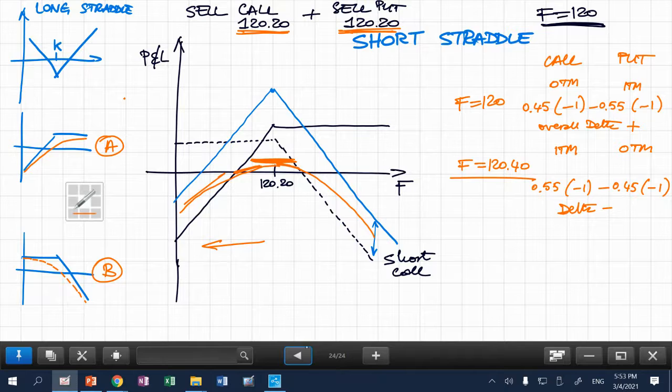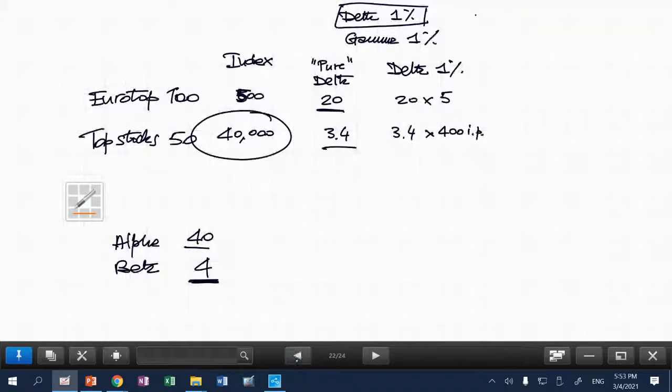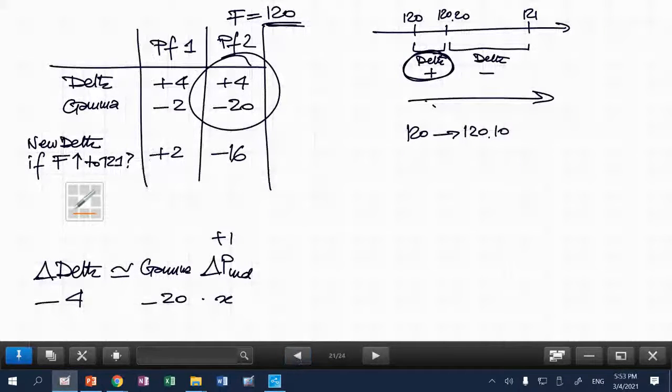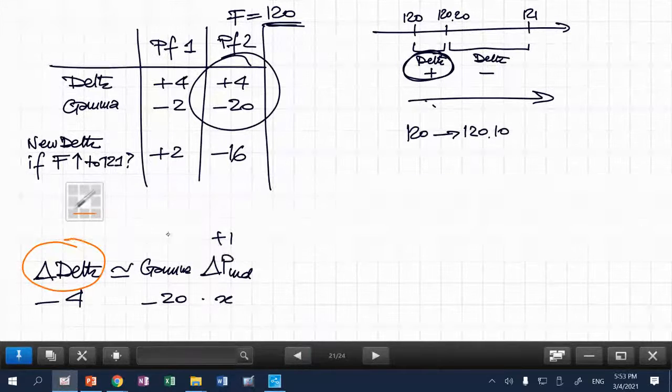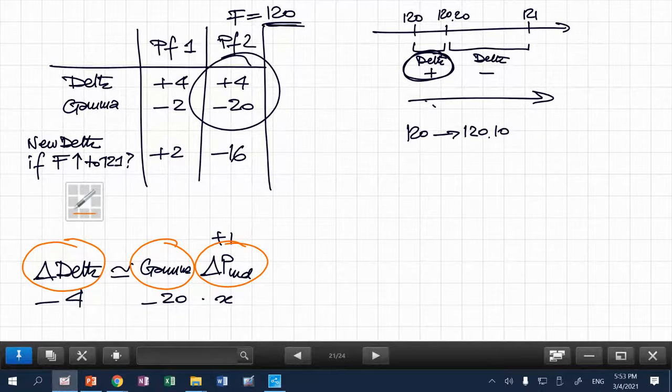If you think about it, also from a trader standpoint, when you say that the change in delta is equal to gamma times the change in the price of the underlying, from here you understand super simply that from the trader standpoint, being gamma negative means that the delta changes in the most horrible direction you can think of.